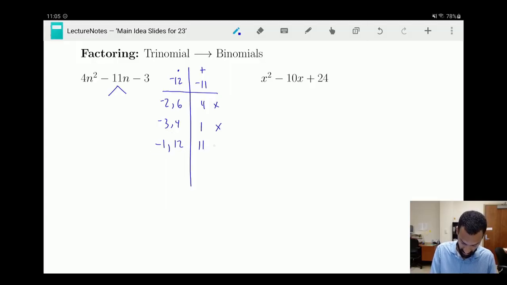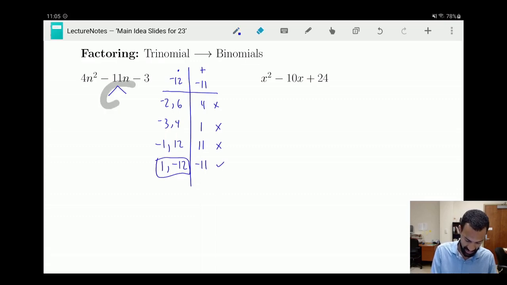Okay, we're getting closer. That's still not right. So if you get the right number, but the wrong sign, right? So I have a positive 11, but I need a negative 11. Just flip your signs around. So instead of having a negative 1 and a positive 12, we're going to go with a positive 1 and a negative 12. Those add up to negative 11. So that's my pair of numbers I'm going to work with here.